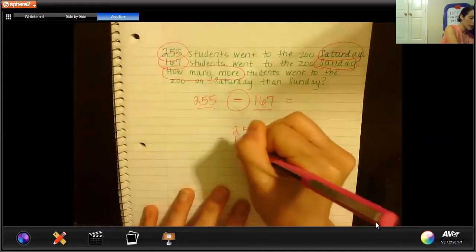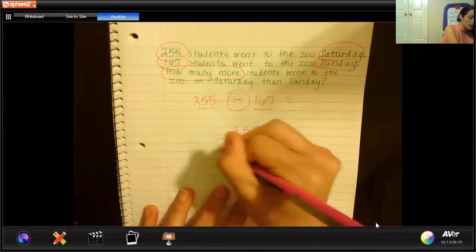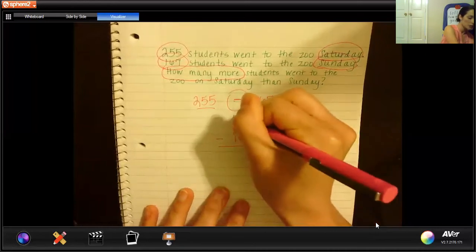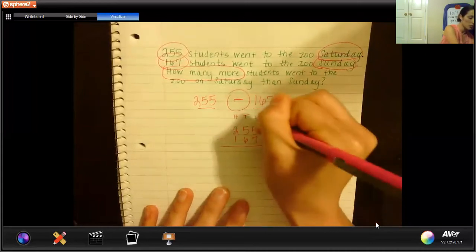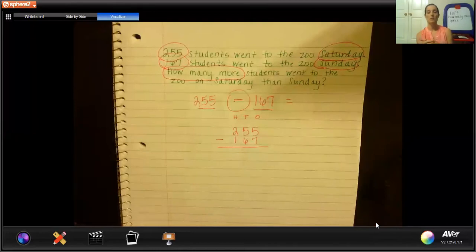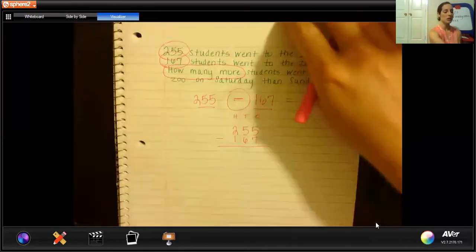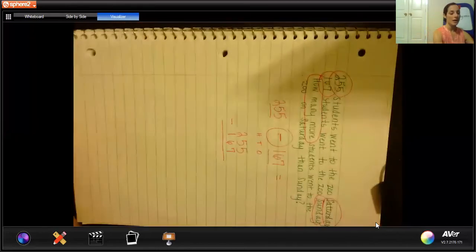Now that we have our plan, we are going to solve. Remember, if you don't feel comfortable doing it this way, you may turn your paper and it will help you.